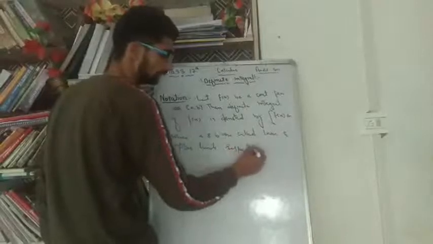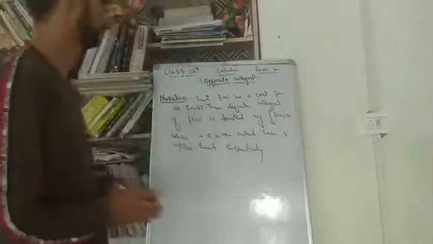That means a is the lower limit and b is the upper limit of this integral. So this is our notation of the definite integral.